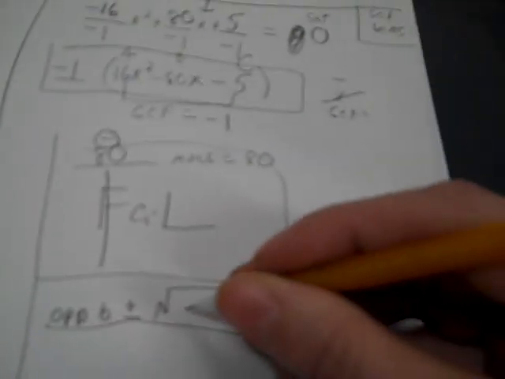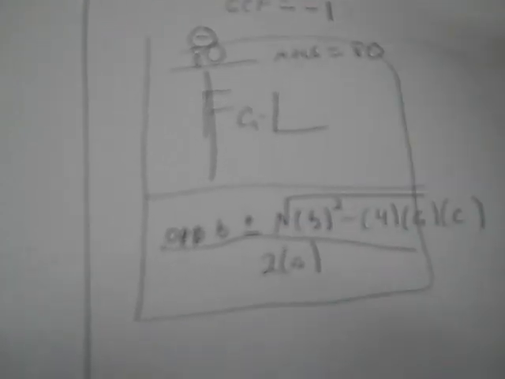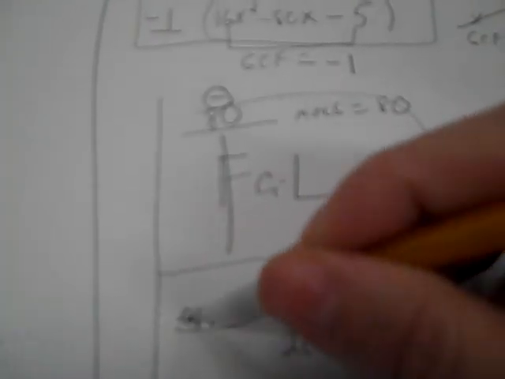Opposite of b, plus or minus the square root of b squared, squared means second power, minus 4ac, over 2a. Okay, so here's my a, my b, my c. So the opposite of the b, the opposite of negative 80, is positive 80.